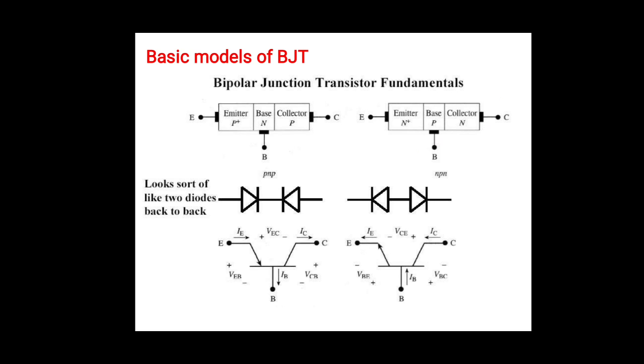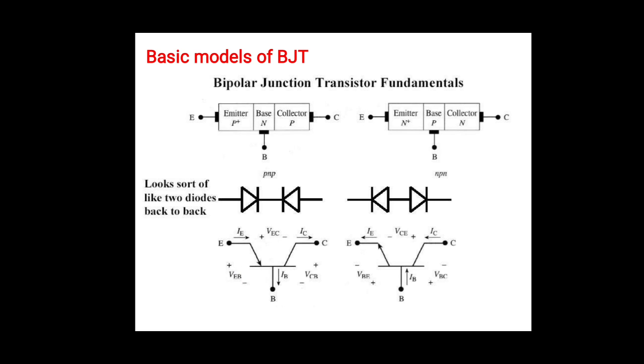As I said, the arrow mark on the emitter indicates whether it is an NPN or PNP transistor. If the arrow mark on the emitter terminal is in the inward direction, this is the PNP transistor.